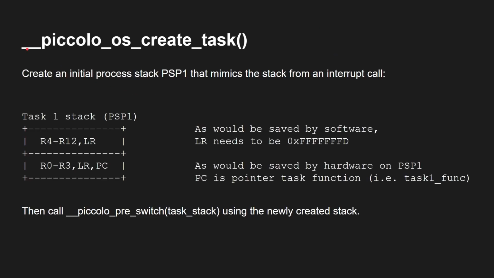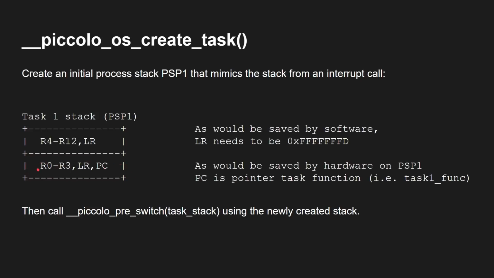What does the internal Piccolo OS create task do? Well, it creates an initial process stack, which we're going to call PSP1, not PlayStation Portable 1, but PSP 1, that mimics the stack from an actual interrupt call. So here's a picture of the stack. Now, on the stack here, we've got R0, R3, LR, and PC. Those are the things that get saved by the hardware automatically when it knows there's been an interrupt. And that's because it wants to go and handle the interrupt.